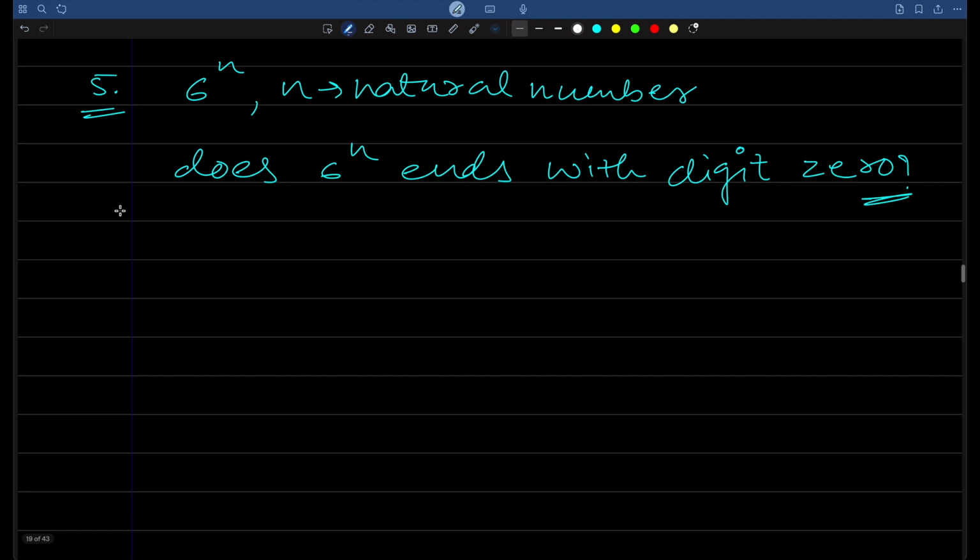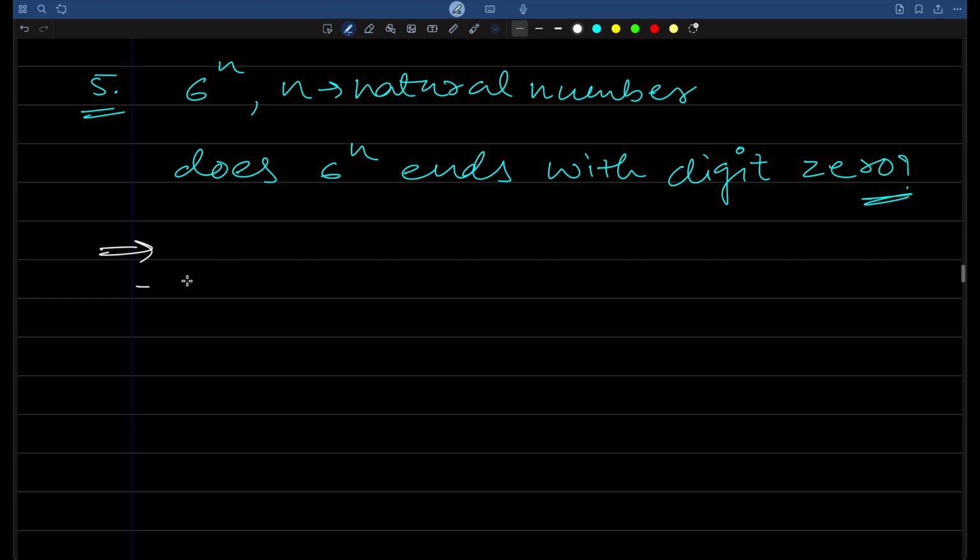We have solved a similar example, that is, does 4 raised to n end with digit 0 or not. Now let us solve this example, that is, does 6 raised to n end with digit 0 or not.